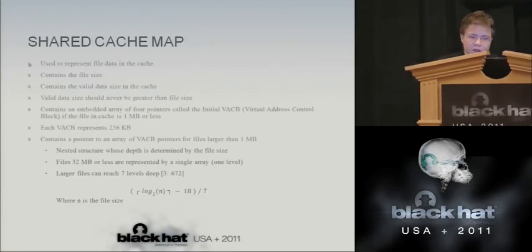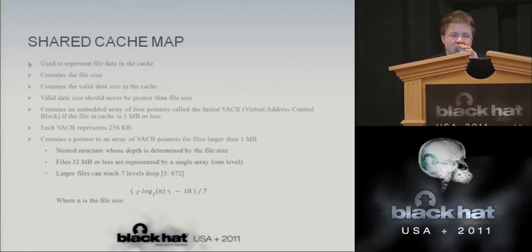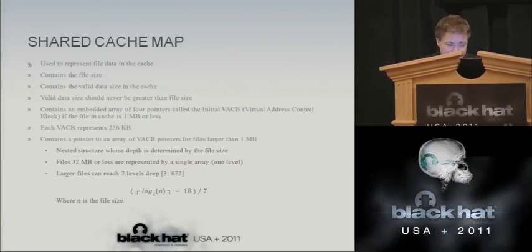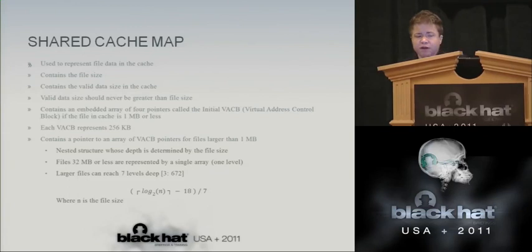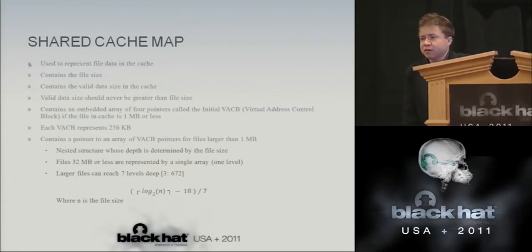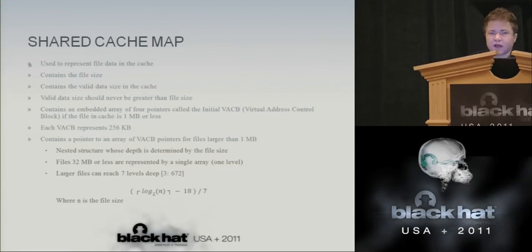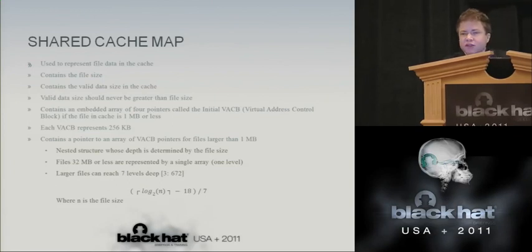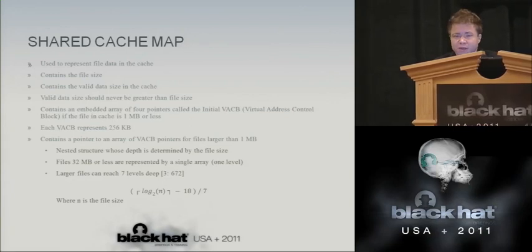So the third and last thing in the file object is a pointer to something called the shared cache map. The shared cache map represents the file data that's in the file system cache that the operating system keeps.